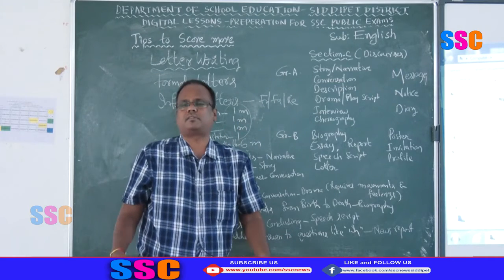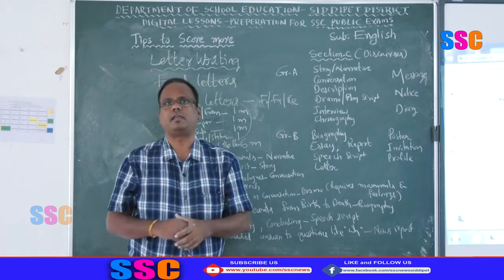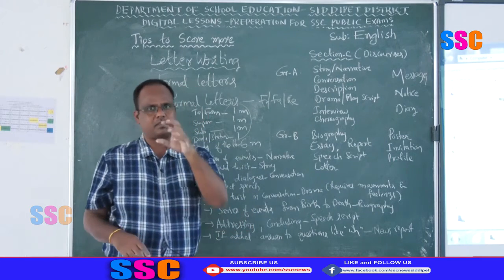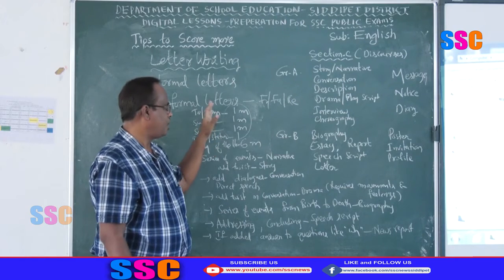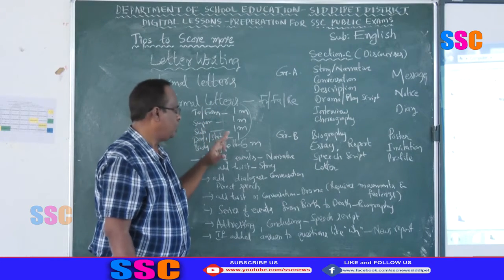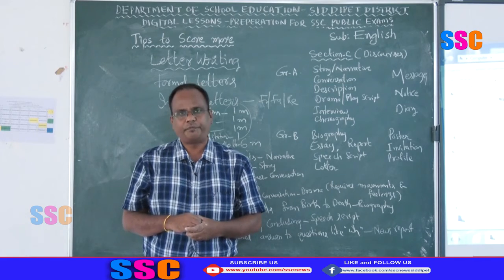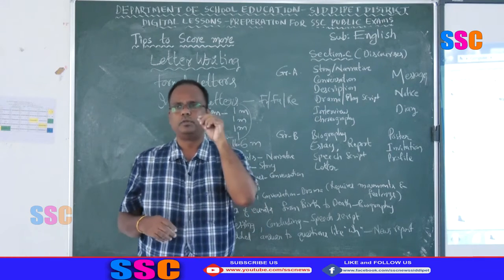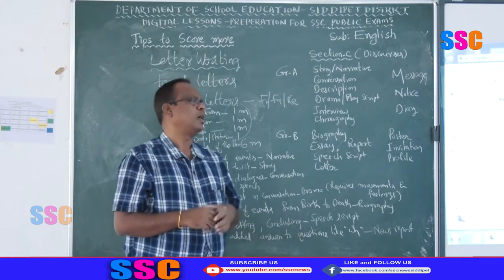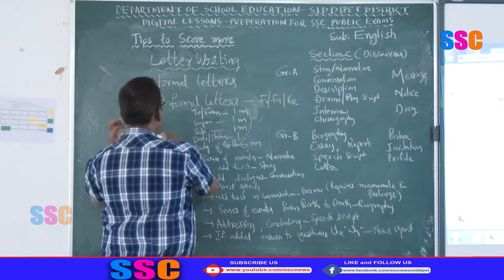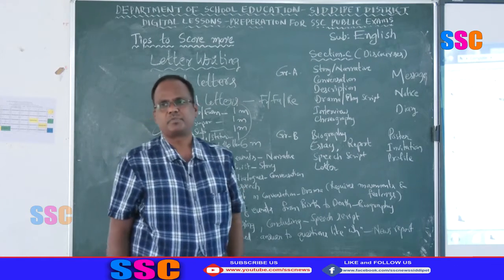So at a minimum, I can say that for any letter writing, if you adopt this strategy, that all these 4 components are written, including the body of the letter, maybe not in a proper way, but if you attempt to write somehow the body of the letter, a bare minimum we can expect 4 marks for any letter.